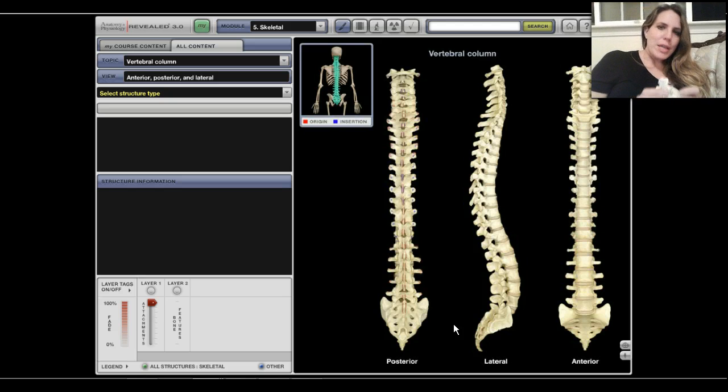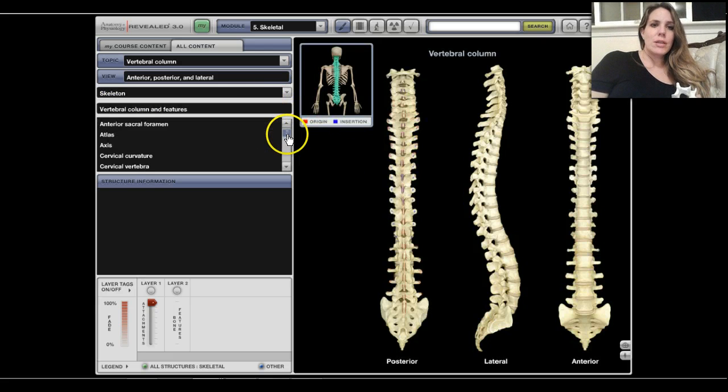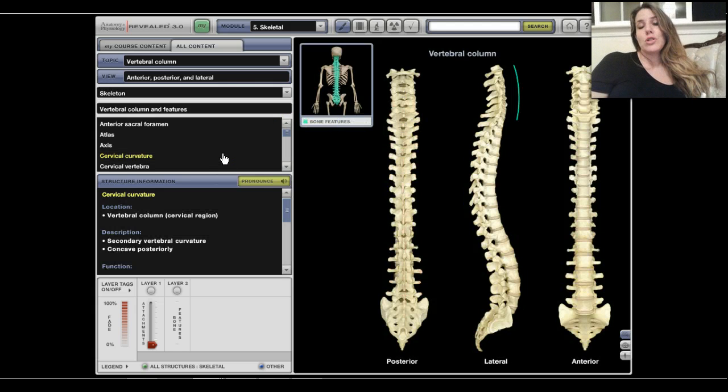So we're going to break this down and know that there are actually 4 major areas of the spinal column. Let's look at the curvature of these. Each little curvature actually has a name. This first part would be the cervical curvature, and it's concave, meaning it's like an open bowl of soup.